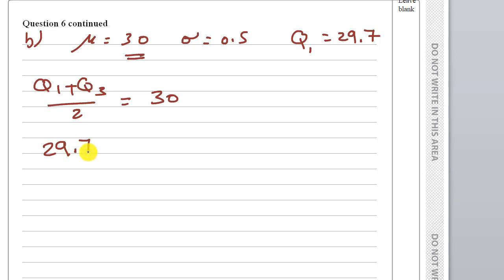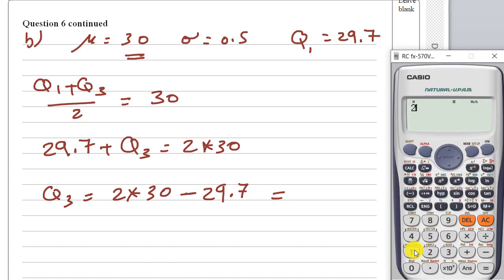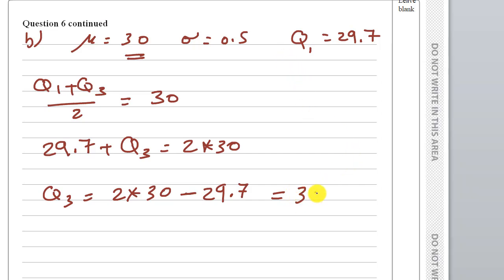So 29.7 plus Q3 is equal to 2 multiplied by 30. So Q3 is equal to 2 multiplied by 30 minus 29.7, which is equal to 30.3. So this is Q3.